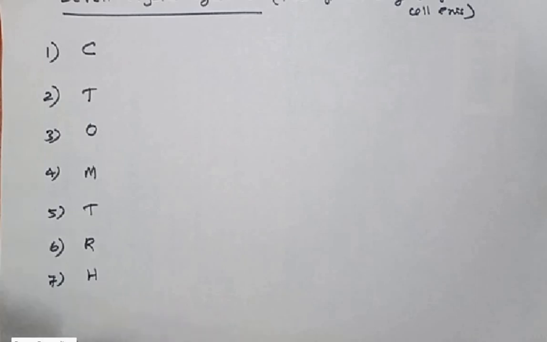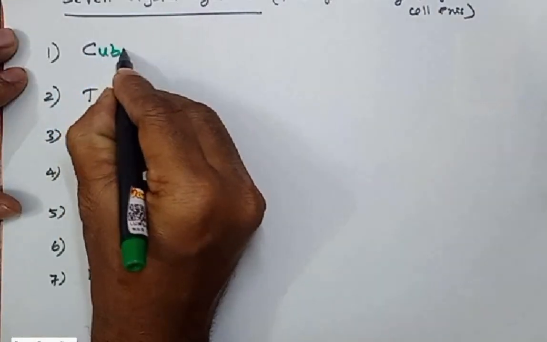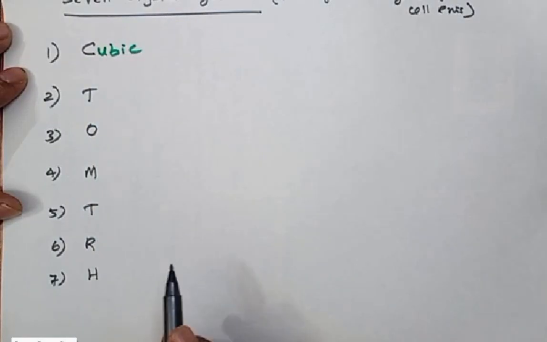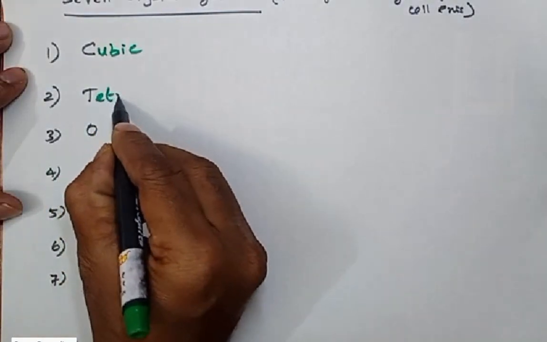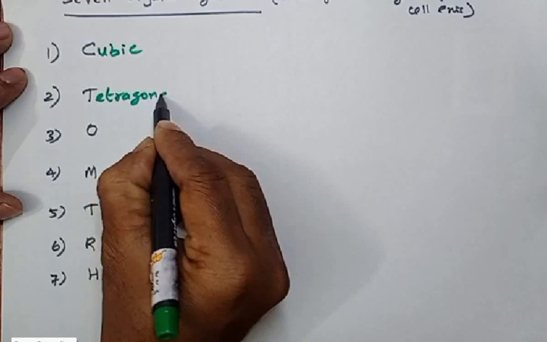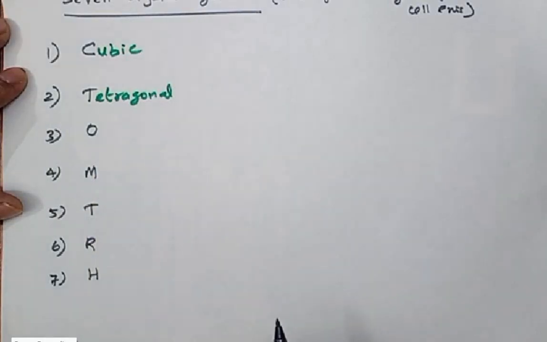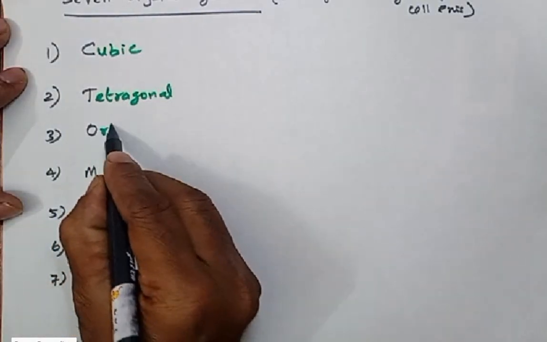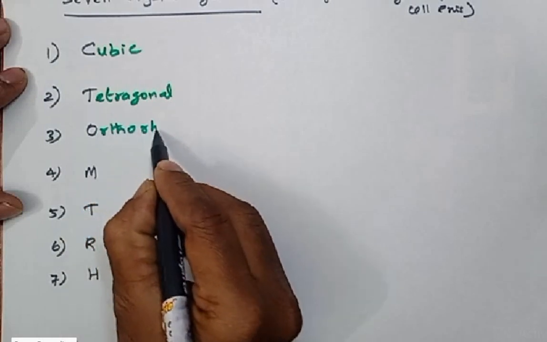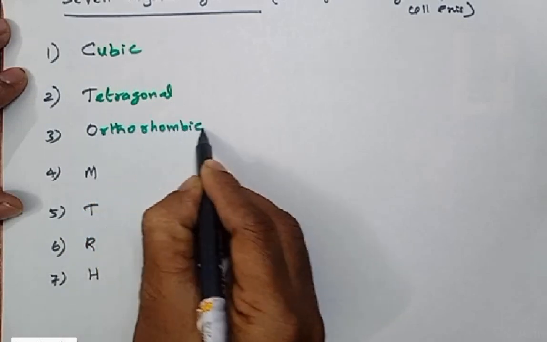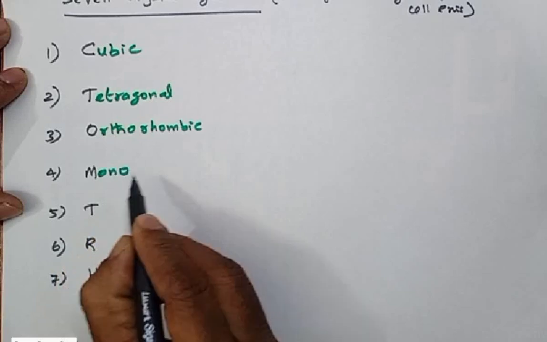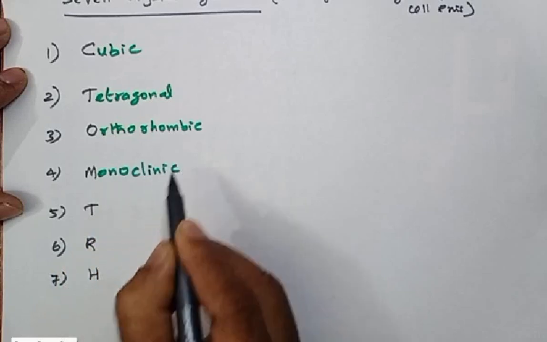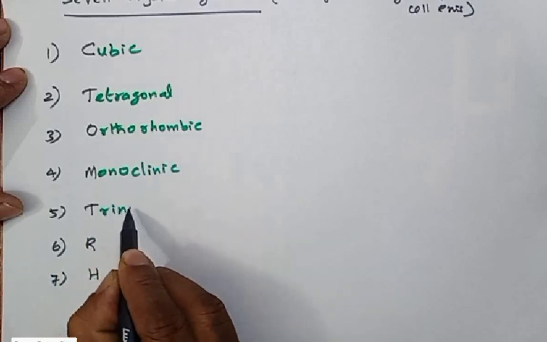What is C here? C is nothing but cubic. T means tetragonal crystal system. O means orthorhombic. M means monoclinic. T means triclinic.